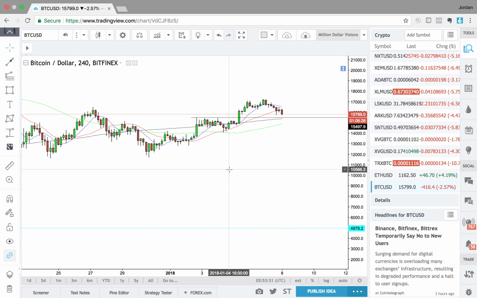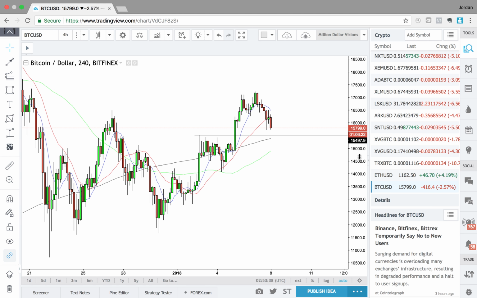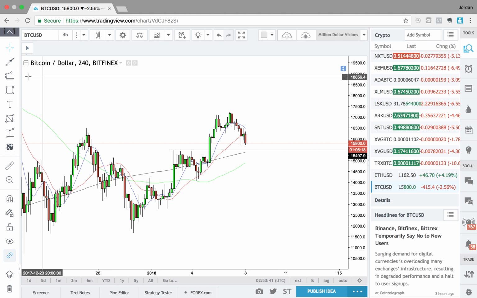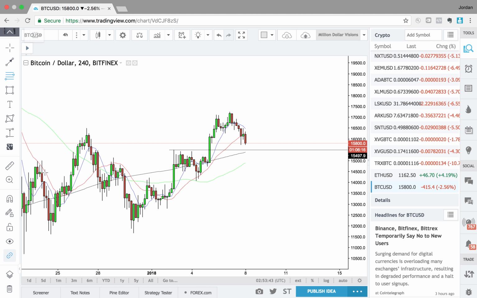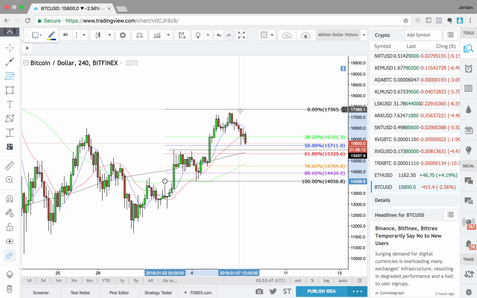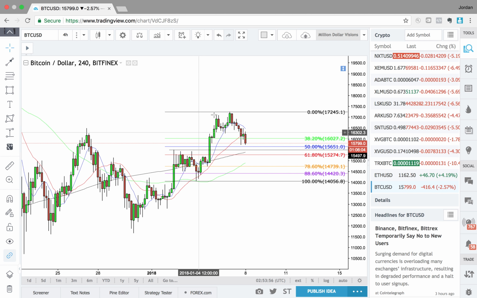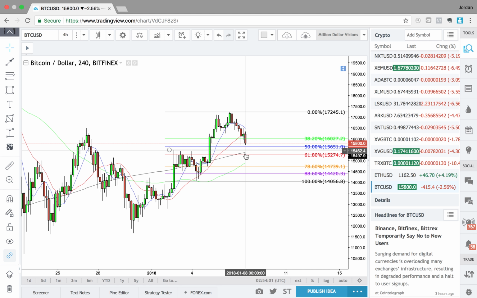Nice 4-hour chart. So Fibonacci in here. You can see we went up. We broke this half structure. Now we're getting another pullback back into it.